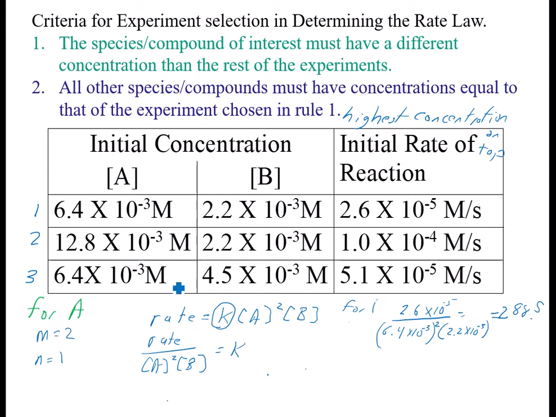For experiment 2, I do the same thing. It's going to be 1.0 times 10 to the minus 4 divided by this 12.8 times 10 to the minus 3 squared divided by 2.2 times 10 to the minus 3.